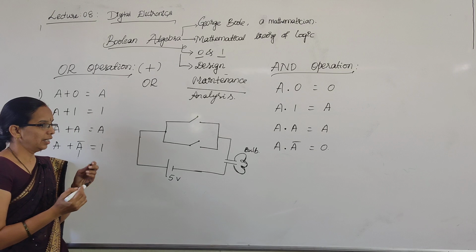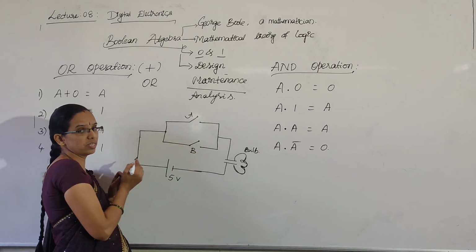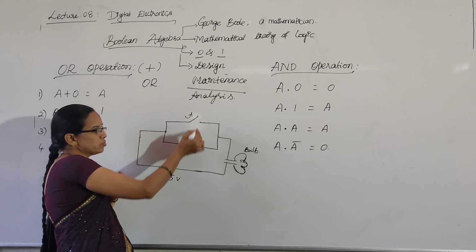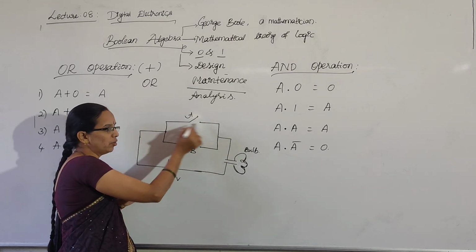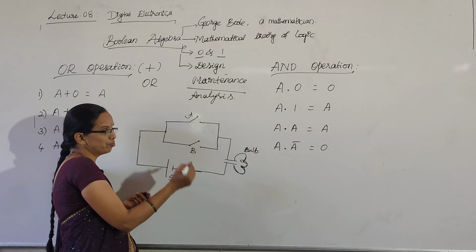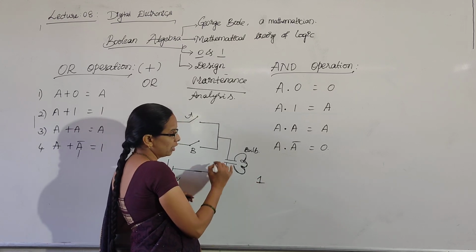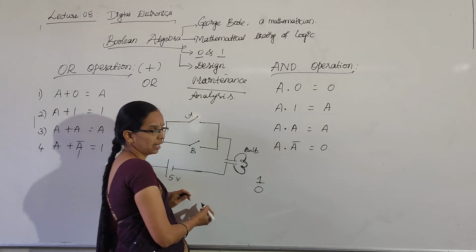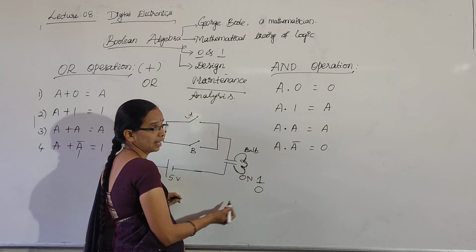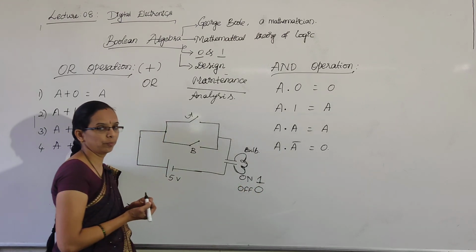If I take these as switches A and B, if both the switches are open, current will not flow and the bulb will not glow. If the bulb glows, I will take that as 1. If the bulb is off, then I will take that as 0.